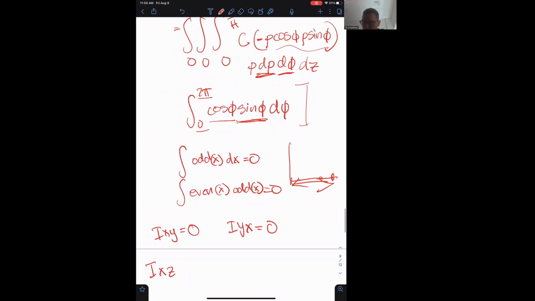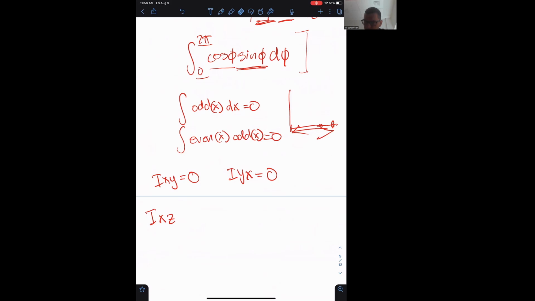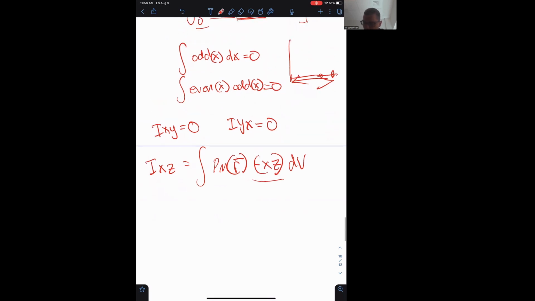That's going to be similar. We're going to have minus xz dv, and again, the only phi dependence in this integral is going to be the x, which is equal to rho cosine phi. Okay, I guess, hold on, now we actually have to be careful.